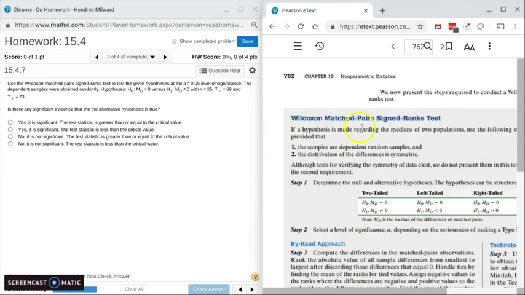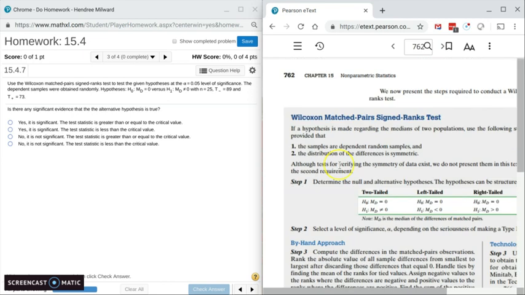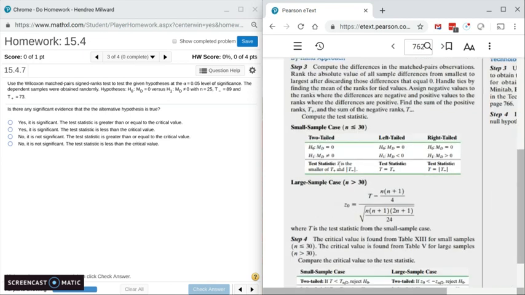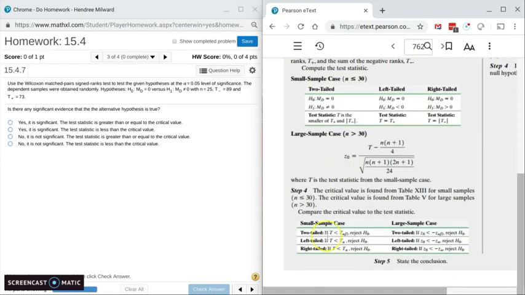So this is the signed ranks test, the whole thing for the different sample sizes. And right here, it's going to tell us what to do. After you've found the critical value and the test statistic for the small sample case, which is our situation because our n is less than 30, and a two-tailed test, if our test statistic is less than our critical value, we reject the null hypothesis.